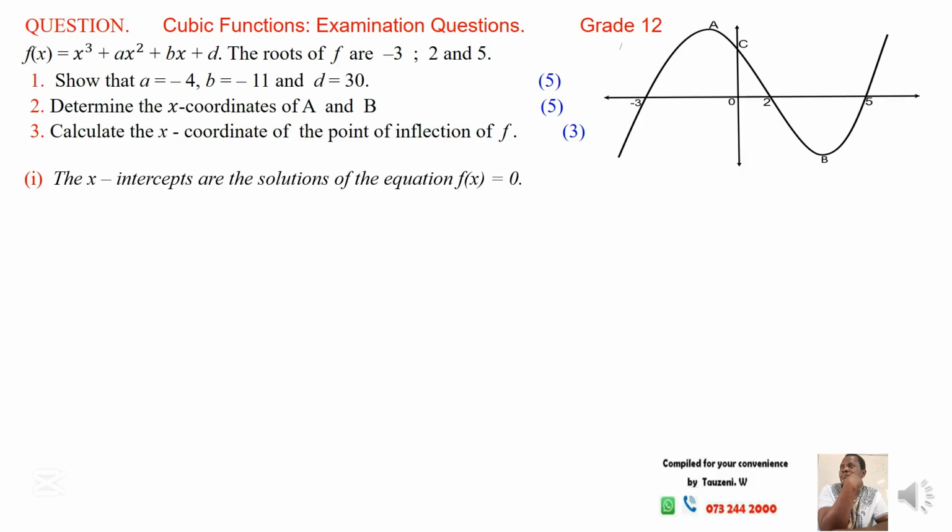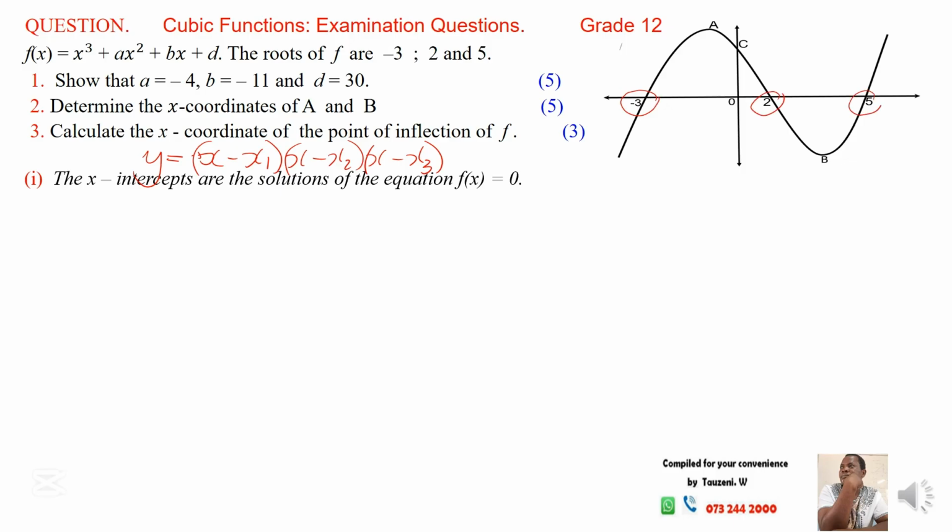So number one, we have said that when given the x-intercepts of the equation, when given the points where the graph is crossing the x-axis, then we can use this equation. y is equal to x minus x1 factor of x minus x2 factor of x minus x3. Then in place of x1, x2, and x3, we're going to use the x-intercepts of the function.